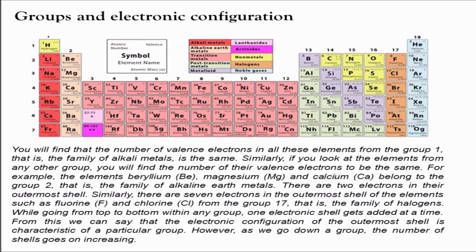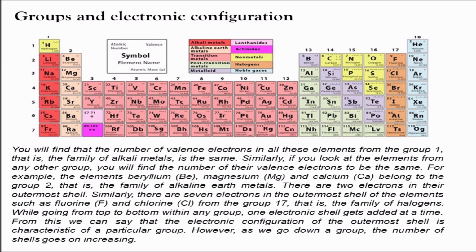While going from top to bottom within a group, one electronic shell gets added each time. Clearly you have understood this part. There are two electrons in the outermost shell of group number 2, so accordingly it is set. Similarly, there are 7 electrons in the outermost shell of fluorine, chlorine and the halogens. As you know, halogens have an electronic configuration similar to, for atomic number 17, 2, 8, 7.